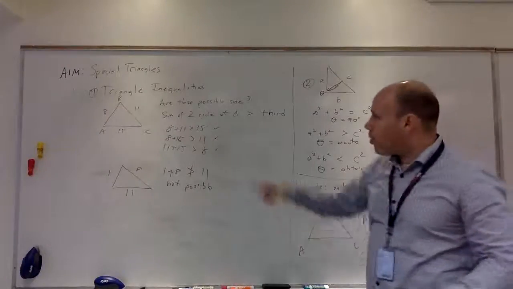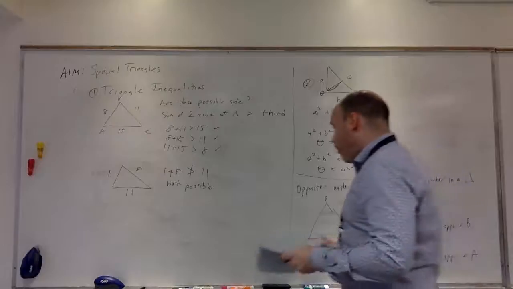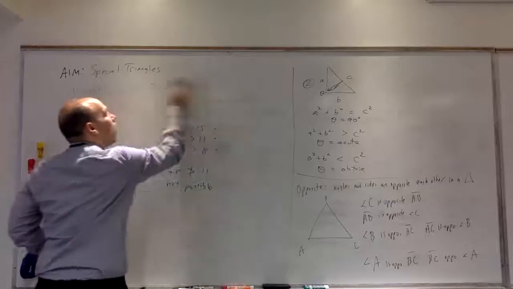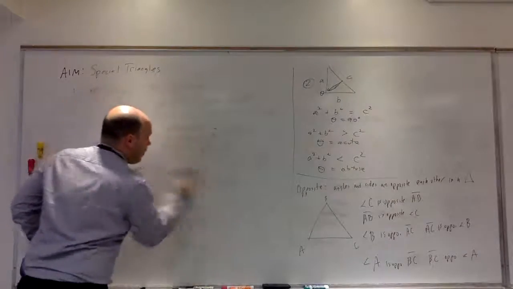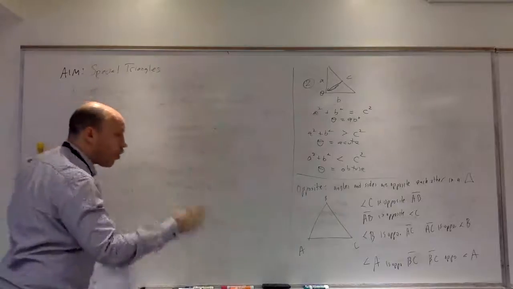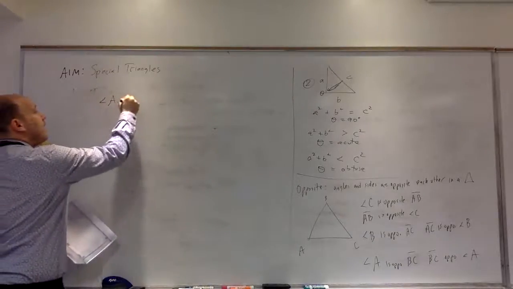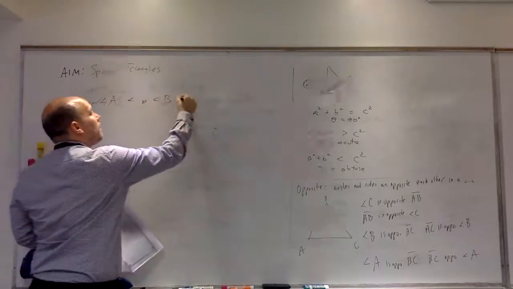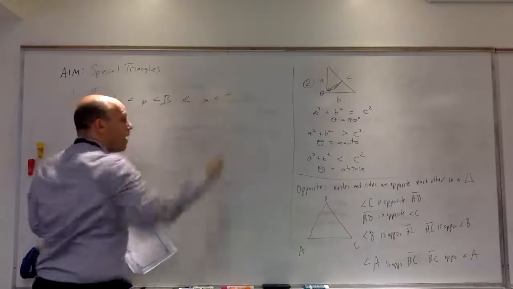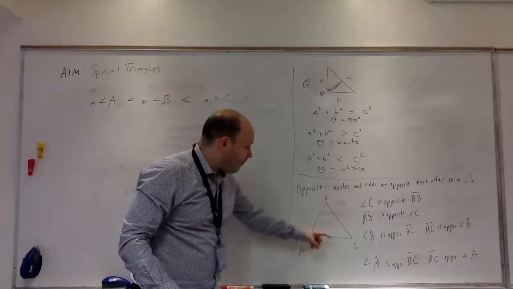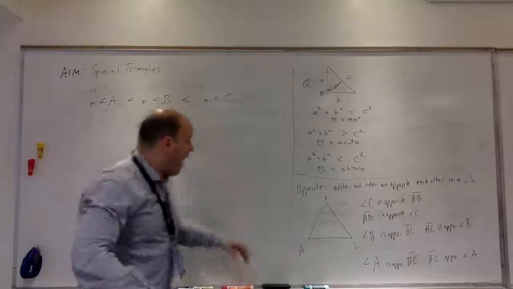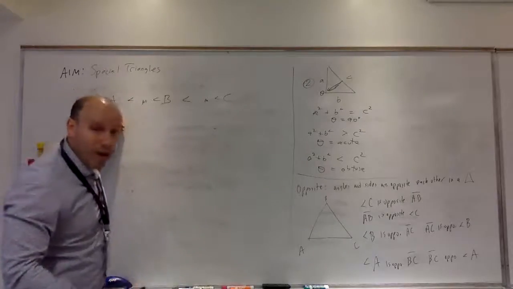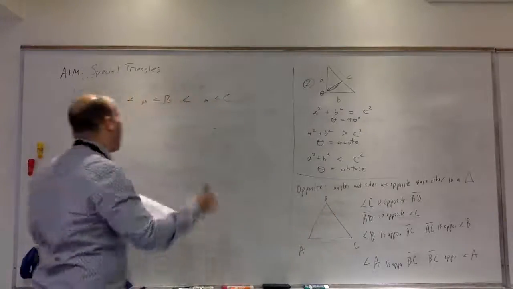The last relationship I want to talk about before we start talking about special triangles is the relationship between the sides and the angles. It turns out if the measure of angle A is less than the measure of angle B, which is less than the measure of angle C, that means, this is kind of cool, if angle A is the smallest angle, BC is the smallest side.